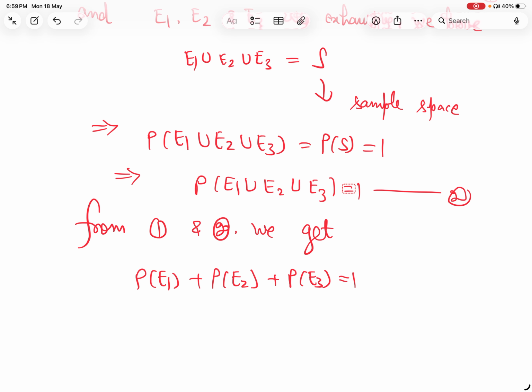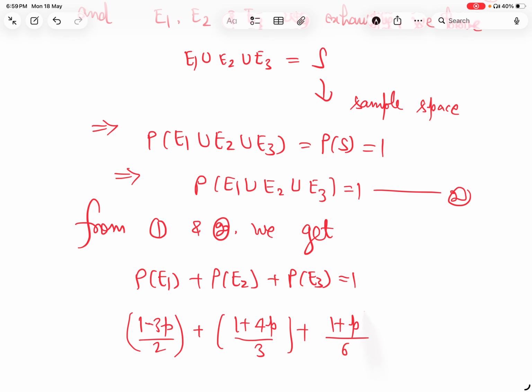Probability of E1 is 1 minus 3p by 2. What is P of E2? 1 plus 4p by 3. Probability of E3 is 1 plus p by 6, equal to 1.